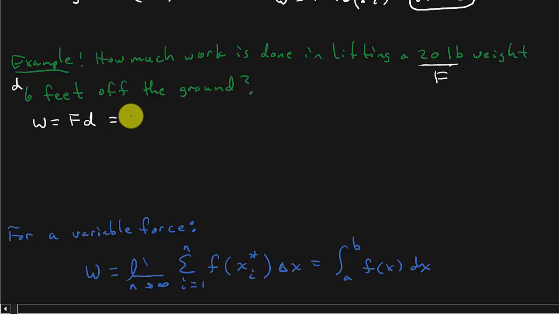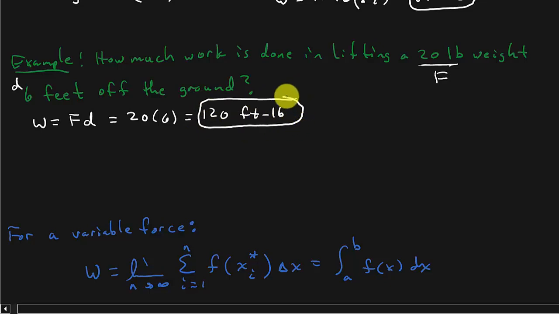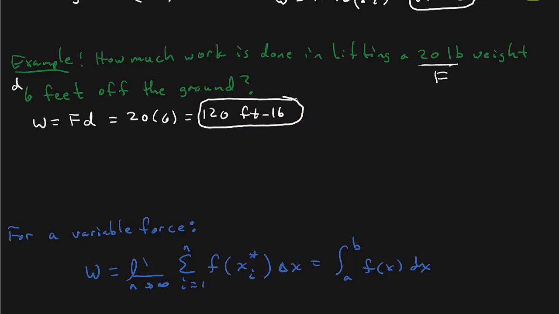That's going to be 20 times 6, which is 120 foot-pounds. And there's your answer. So you have to do a little more to the problem when you're in the metric system.